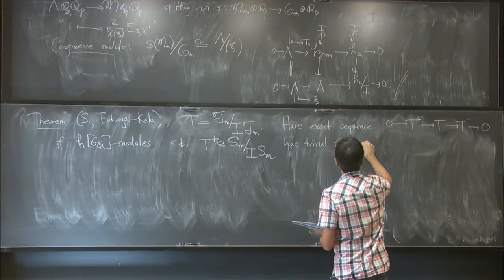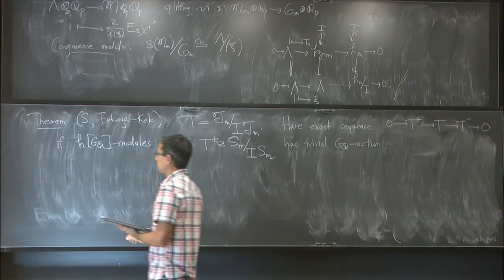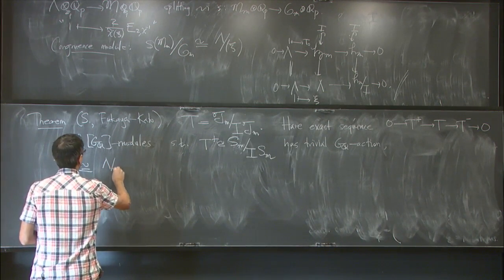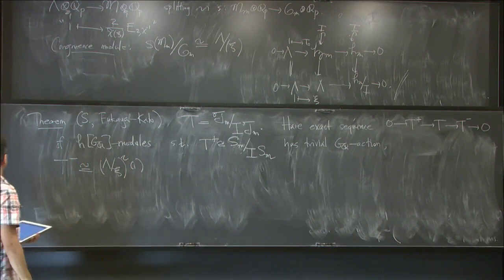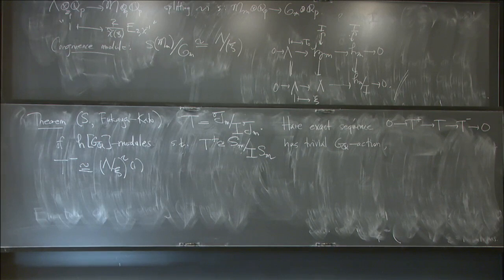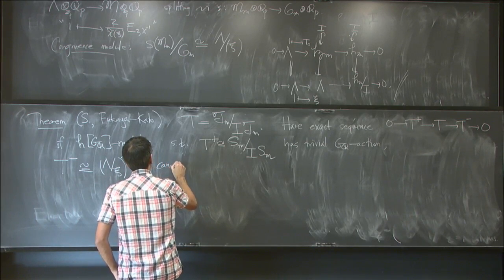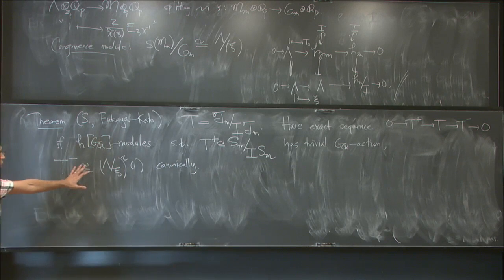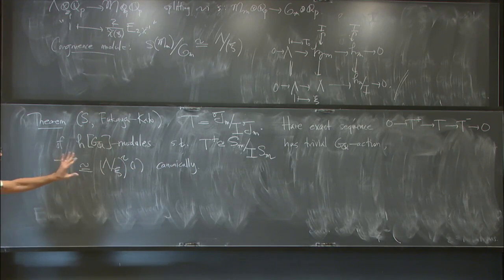It's fixed by GQ, every element. And T minus is isomorphic to lambda mod C iota 1 in the same notation as before. And this is a canonical isomorphism. These are both canonical isomorphisms, meaning that this is a free rank 1 H mod I module, or HM mod I module, and it has a canonical generator.